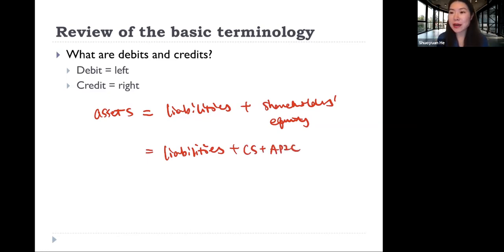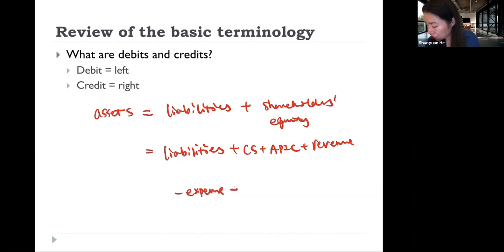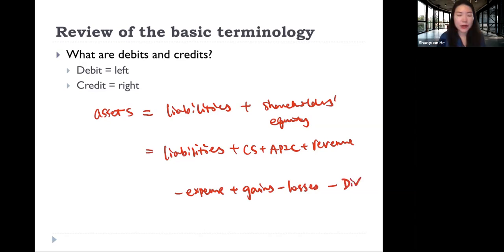And we just talked about retained earnings being your net income minus dividend. And net income is your revenue minus expense plus gains minus loss. Minus dividend. So this is the basic accounting equation.